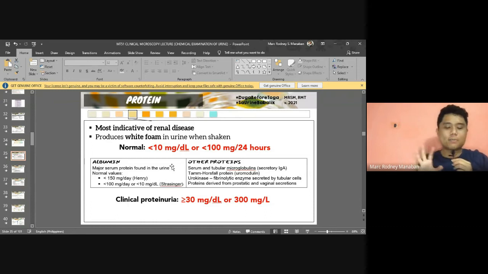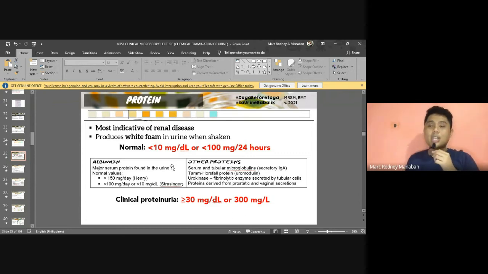All right, and clinical proteinuria, which is proteinuria that is very much indicative of disease, is when its level is greater than or equal to 30 mg per dL or 300 mg per liter. So if the protein level reaches this, then of course that is indicative of possible disease, especially renal disease. All right, okay.